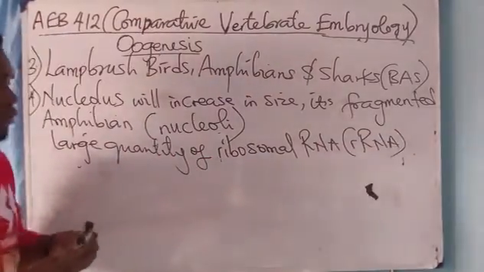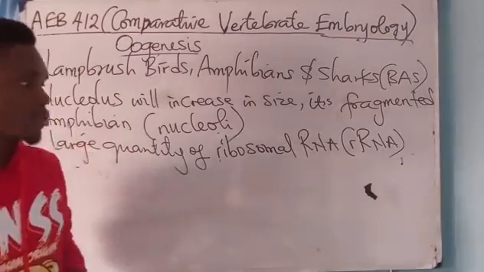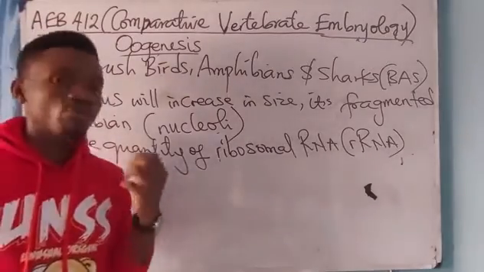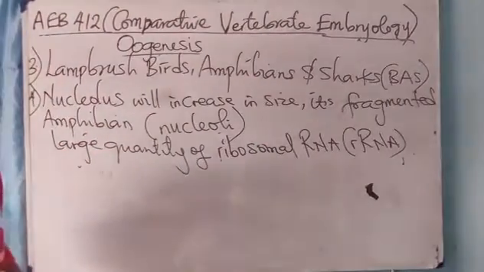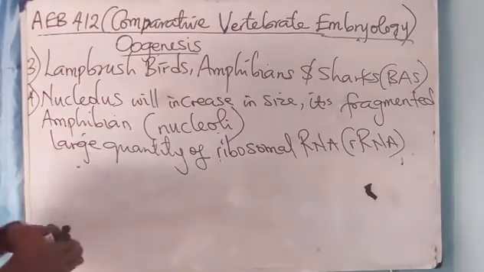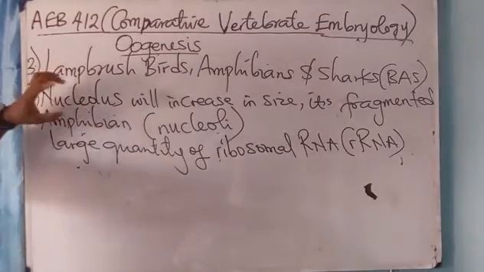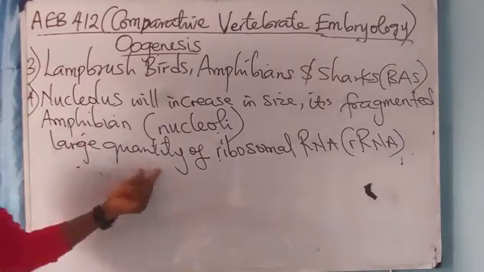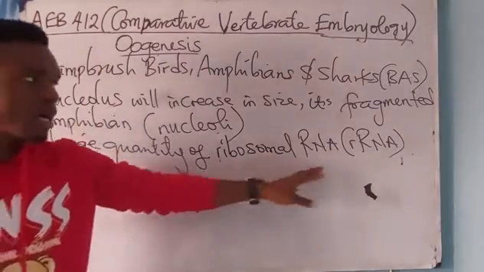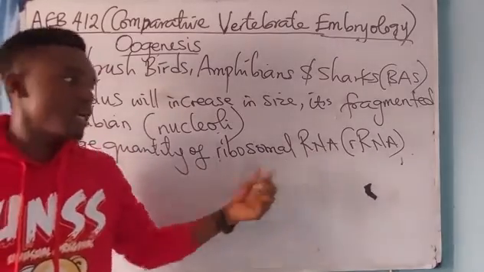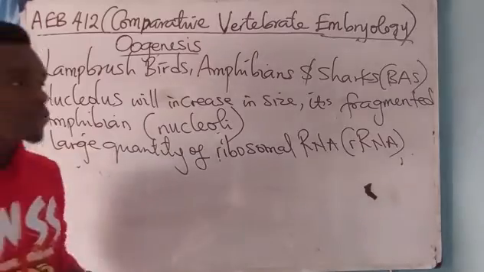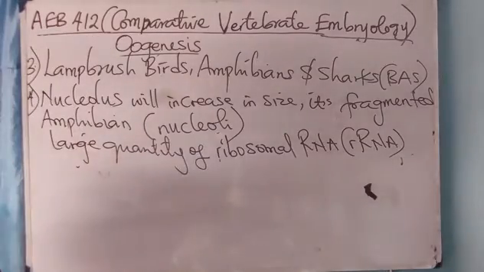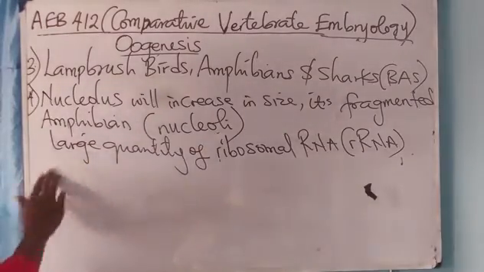Of course, this ribosomal RNA is associated with the synthesis of protein during the development of the embryo. The nucleolus is responsible for the production of a large quantity of ribosomal RNA, and this RNA has to do with synthesis of protein during development of what? The embryo. Take note of that, okay?